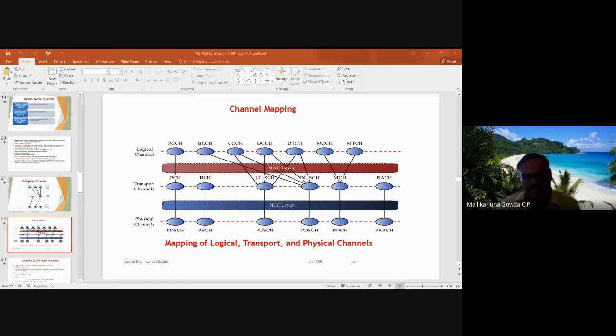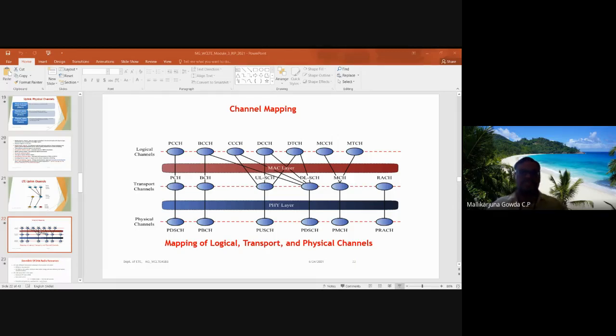Then the uplink shared channel is mapped to the physical uplink shared channel. The downlink shared channel is mapped to the physical downlink shared channel. Then MCH is mapped to the physical multicast channel. Then RACH is mapped to PRACH, the physical random access channel.